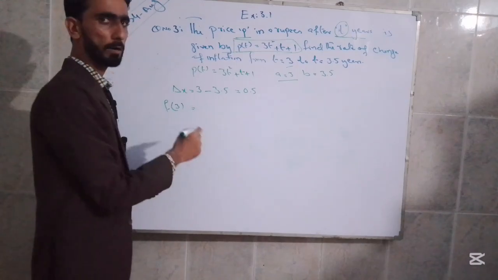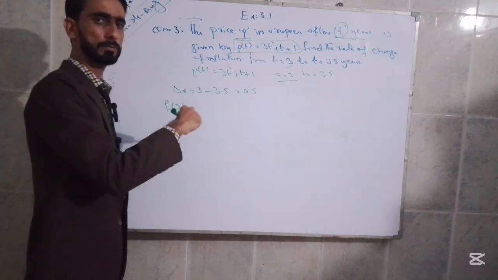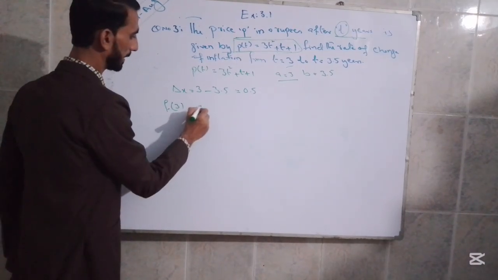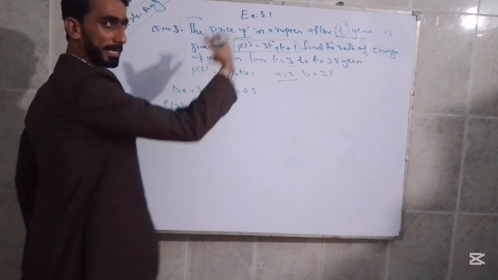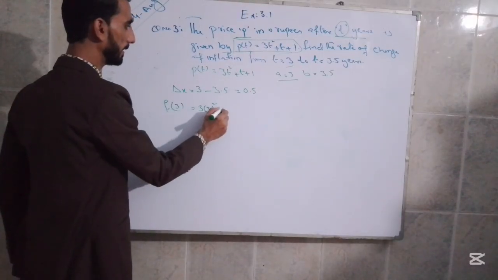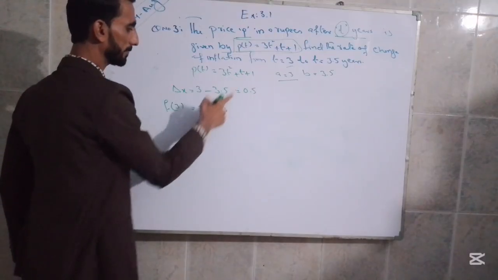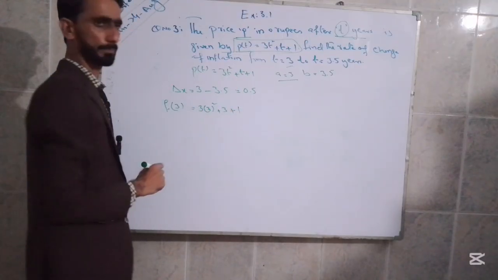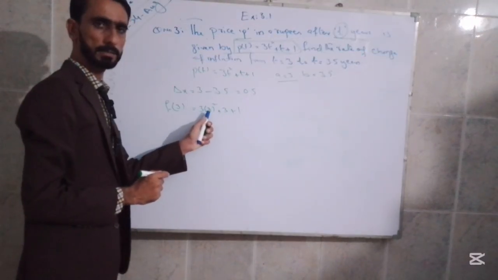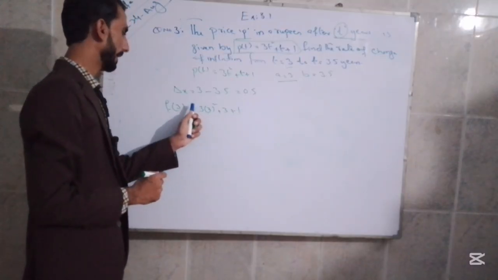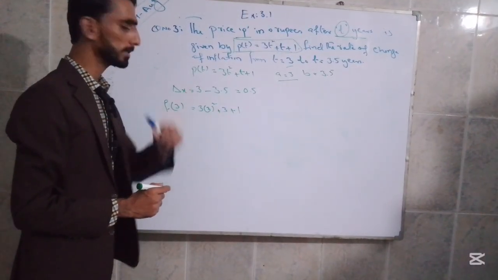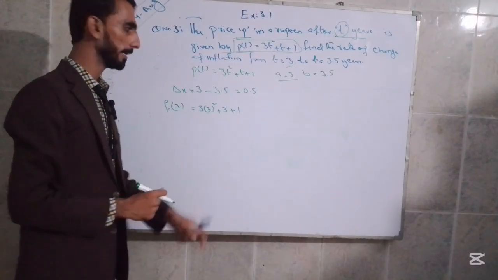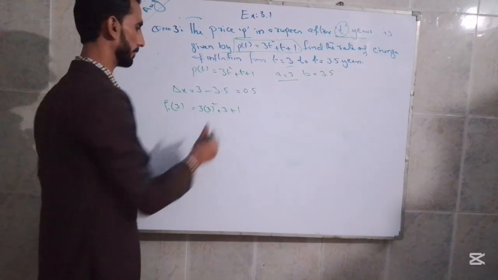We put the value of a into t. 3t square means 3 times a square, plus 3, plus 1. 3 square is 9. 9 into 3 is 27. 27 plus 3 is 30. 30 plus 1 is 31.